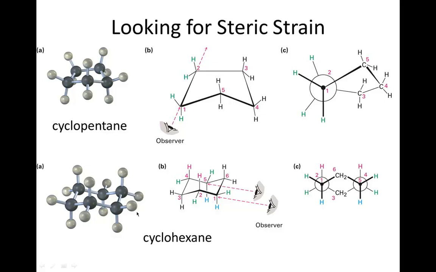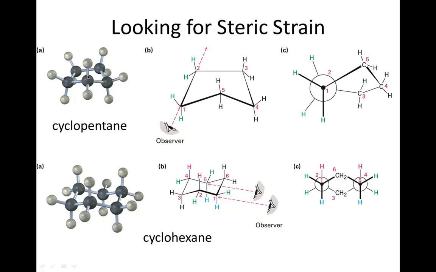When we go up to cyclopentane, this is the molecule that Alfred von Baeyer thought would be the most stable because of the angles. But if we again choose a conformer and look down the bonds, you can see, well, that one's not too bad.